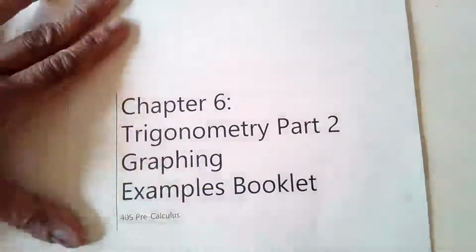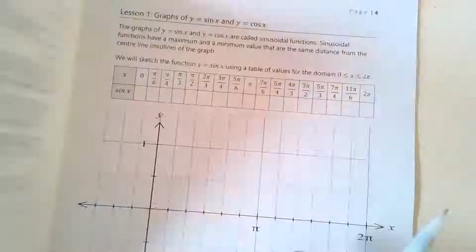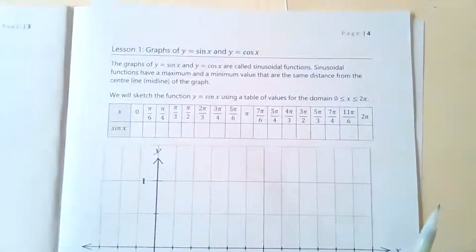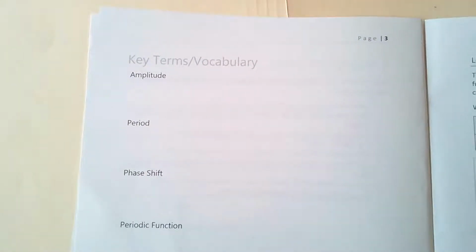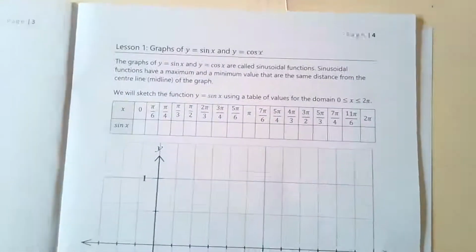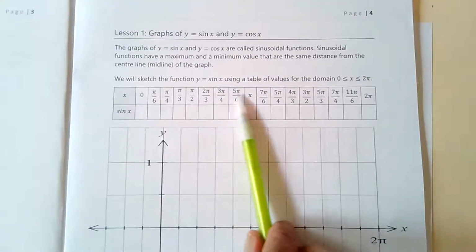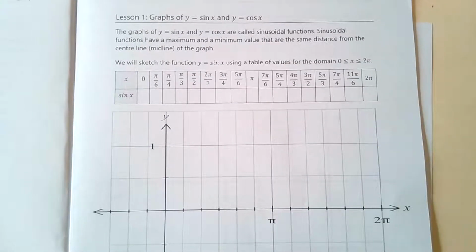In this booklet, you'll find the exact chart there. What you'll want to do is review the definitions of amplitude, period, phase shift, periodic function, and sinusoidal function. We'll go through each one of these, and you can follow through and practice in your booklet.